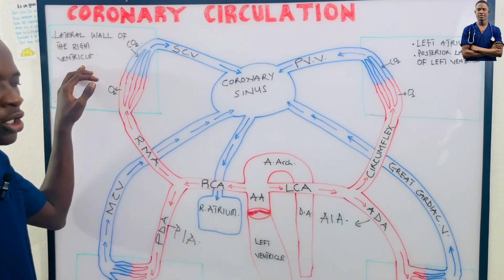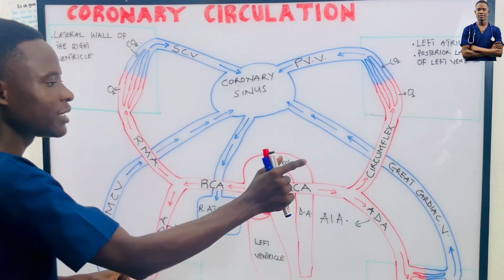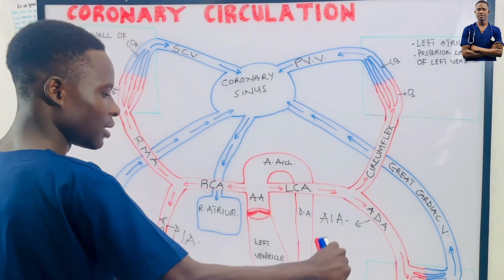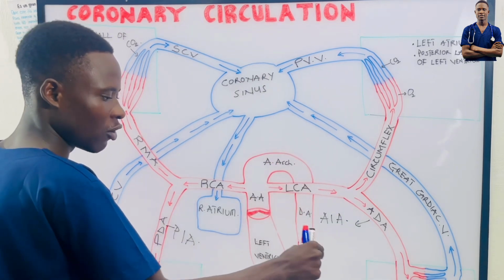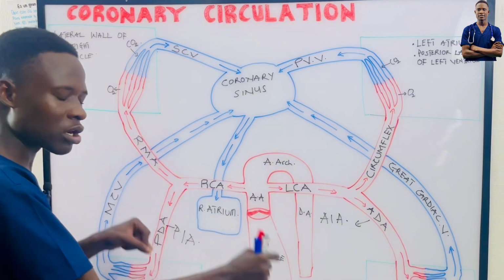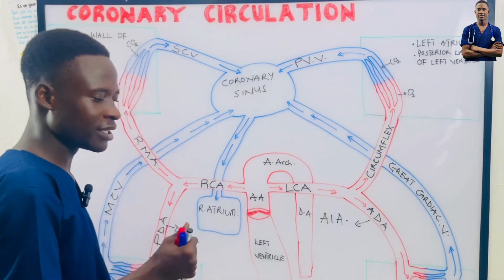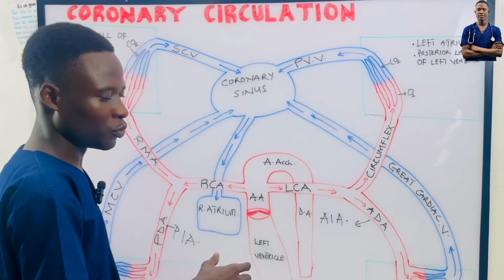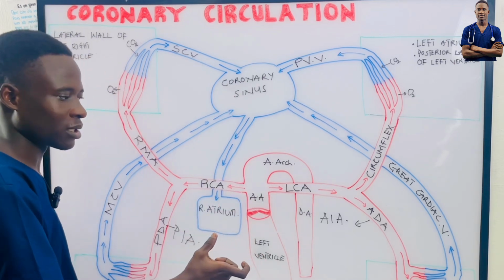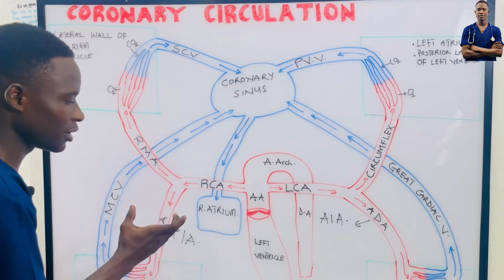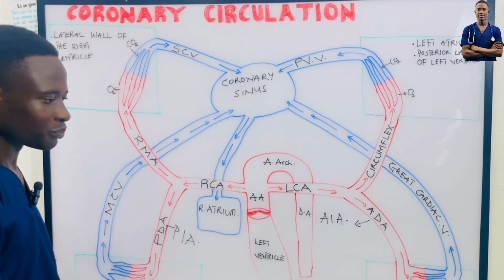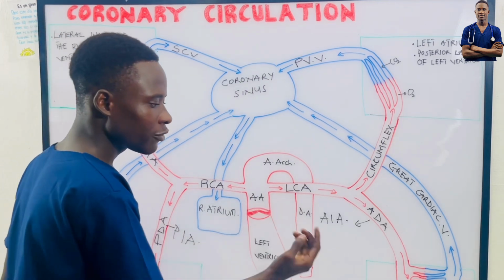Do you understand? So we should know each artery and the part of the myocardium in which it supplies oxygen, so that when a question is given to you, you'll be able to know that this artery is affected, and this artery is not affected.